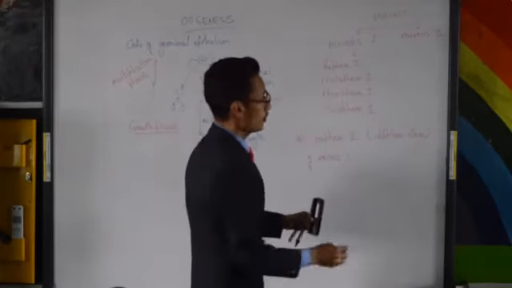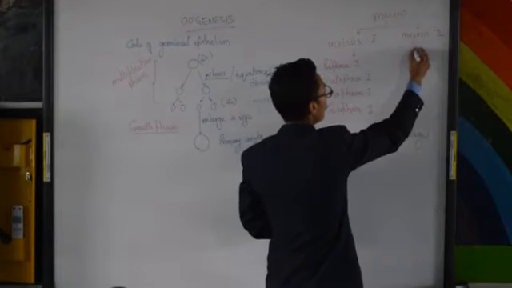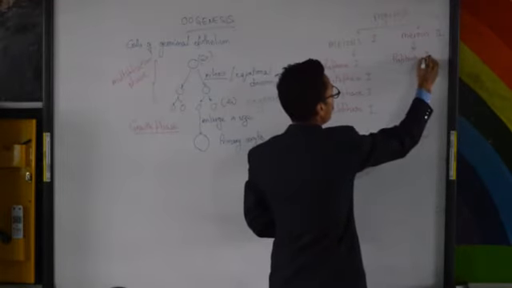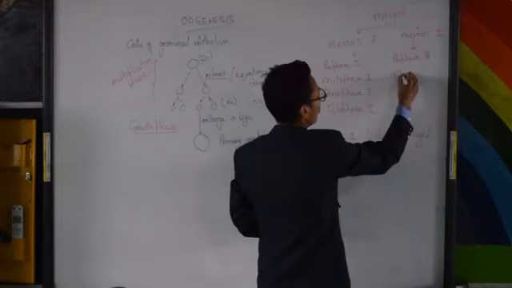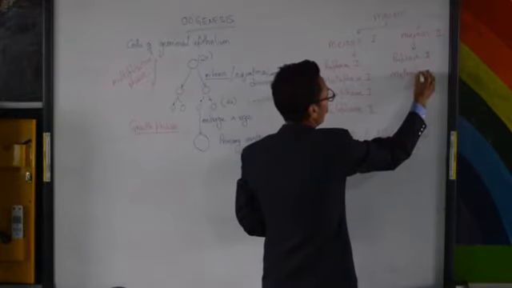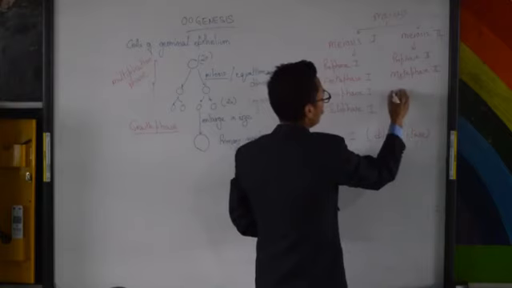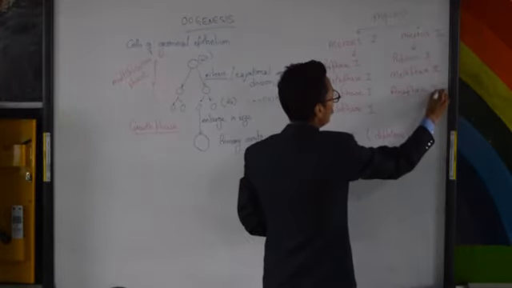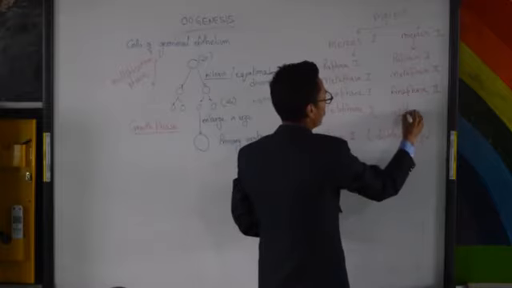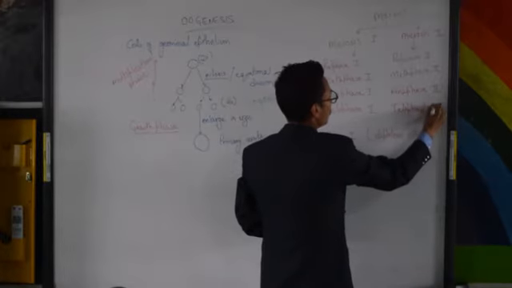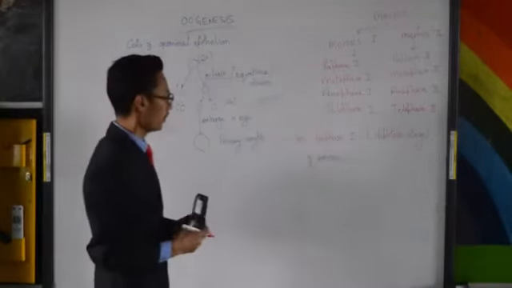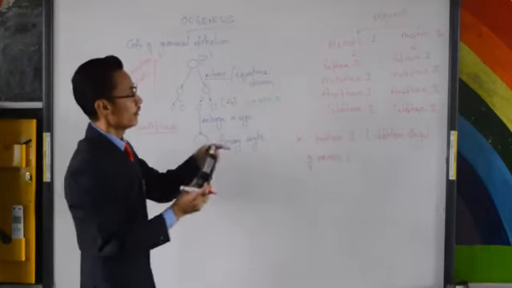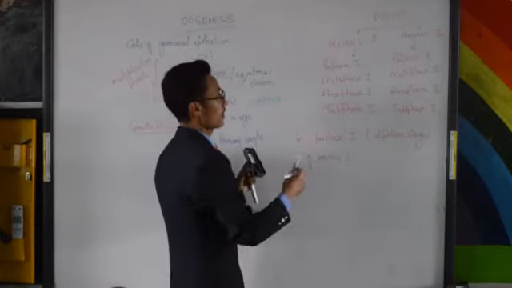Similarly, meiosis 2 has also got subphases which are called prophase 2, then metaphase 2, anaphase 2, followed by telophase 2.